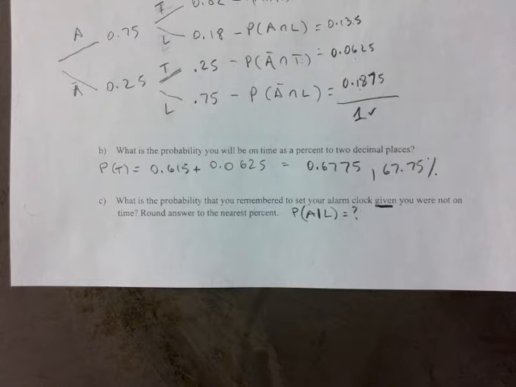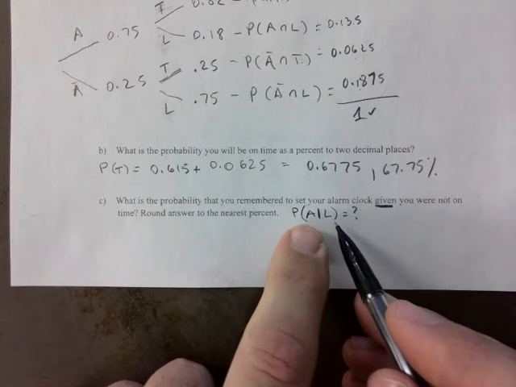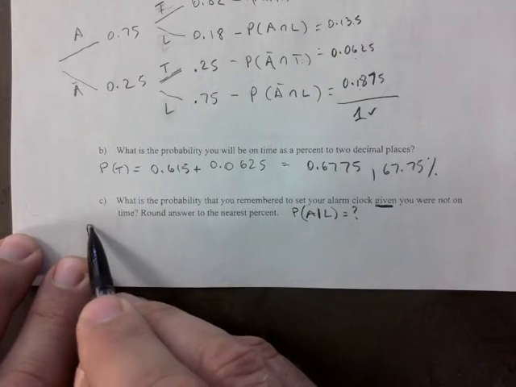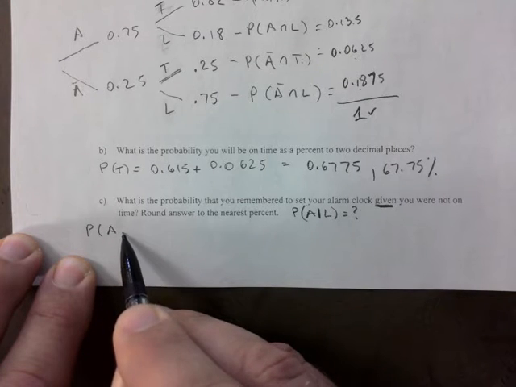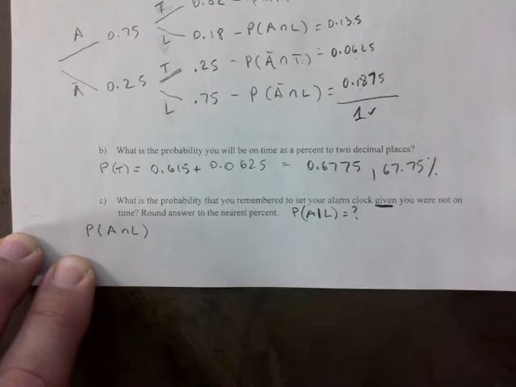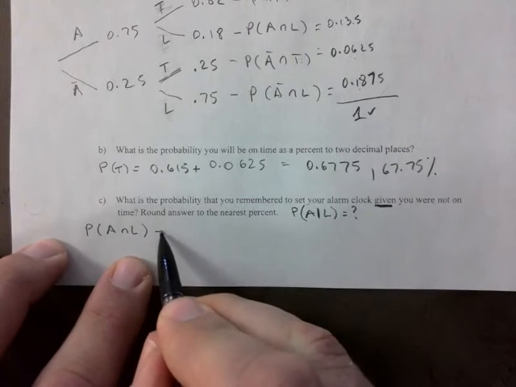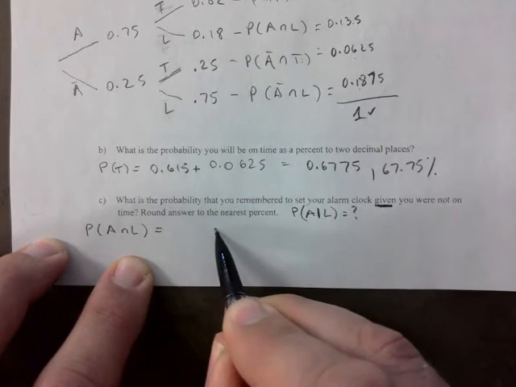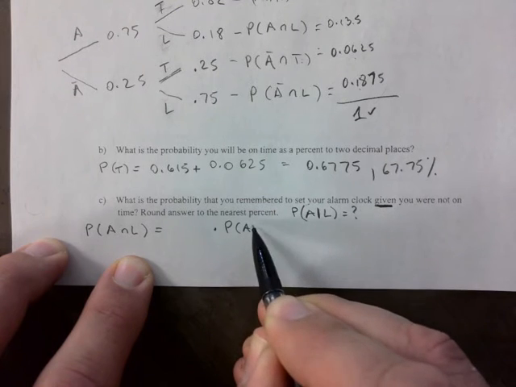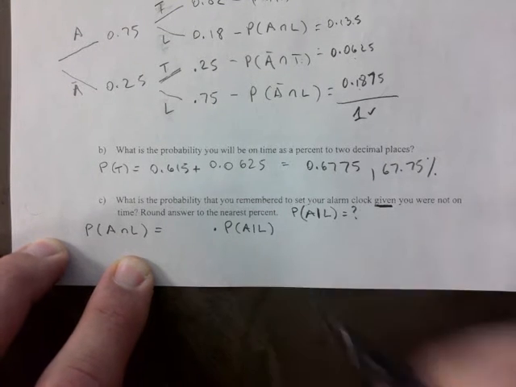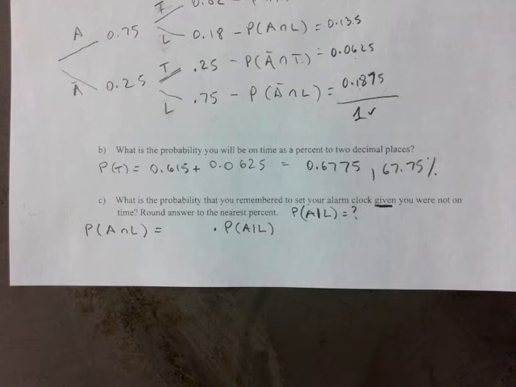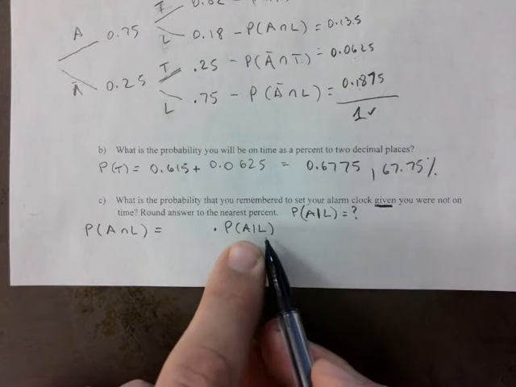That's what they're asking. So let's go back to the formula. We would most definitely say we're relating alarm and being late. Those are the 2 that we're considering here. This is always the second thing that we write down. The given that is always the second part of the formula. So what goes here?